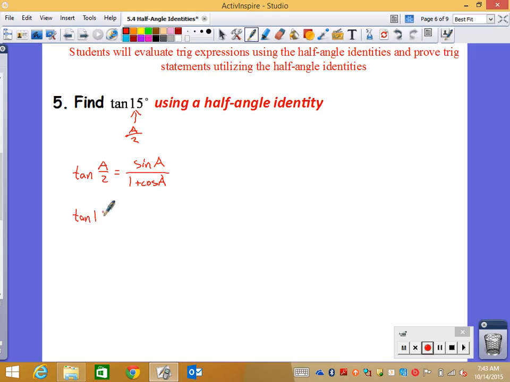So we can write the tangent of 15 degrees is equal to sine of 30 degrees over 1 plus cosine of 30 degrees. The sine of 30 degrees is 1/2 divided by 1 plus cosine of 30, root 3 over 2.